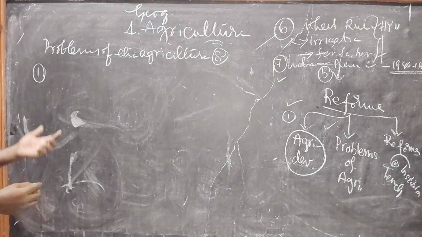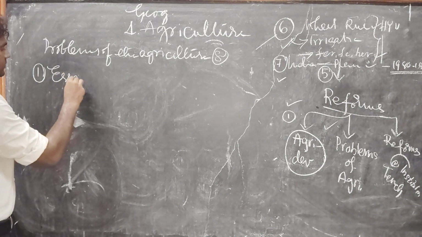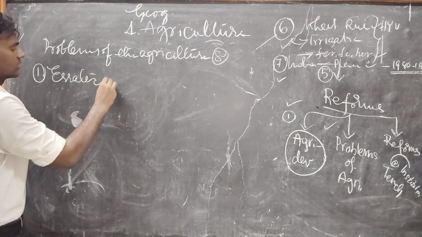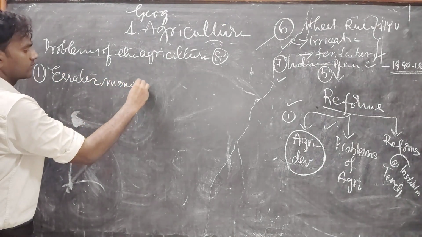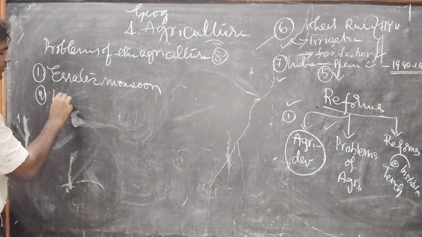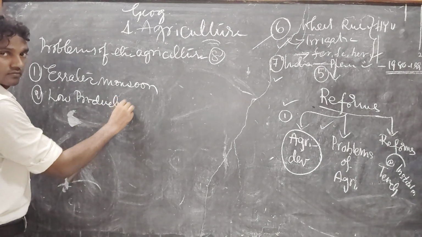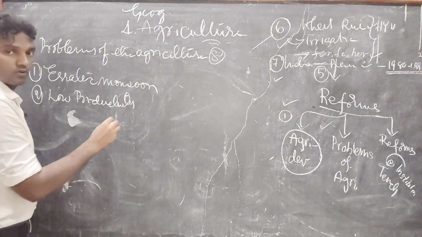First one is erratic monsoon. Second, low productivity.